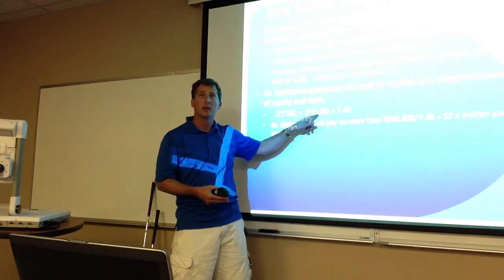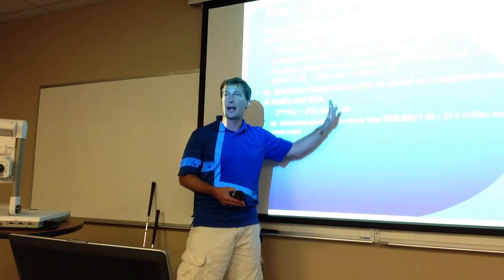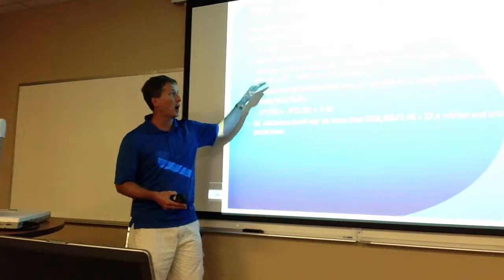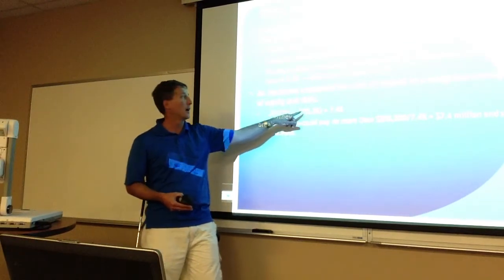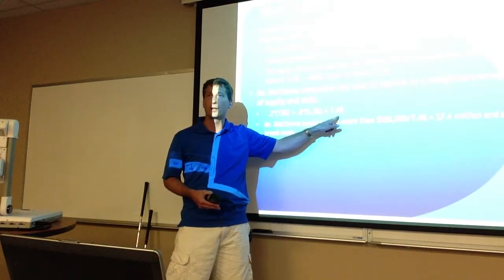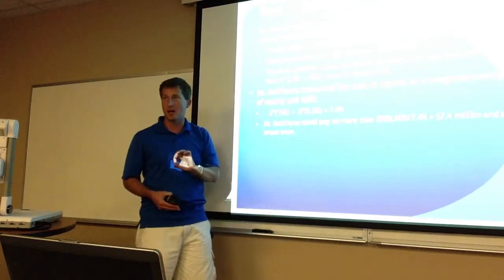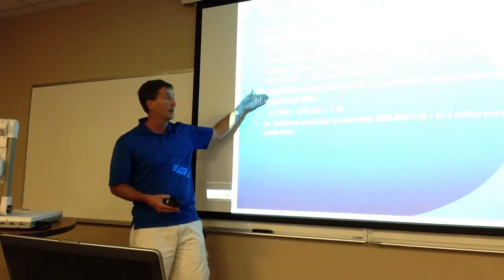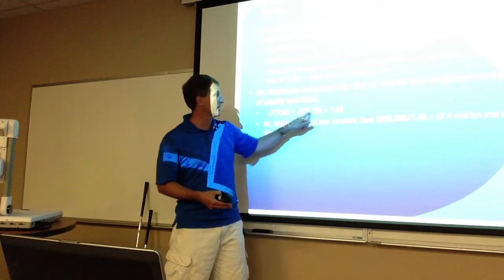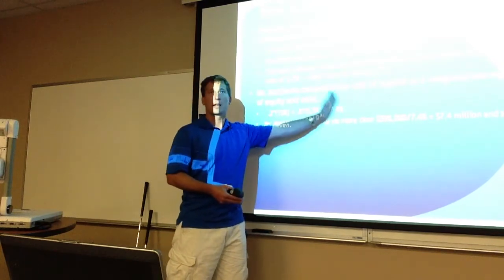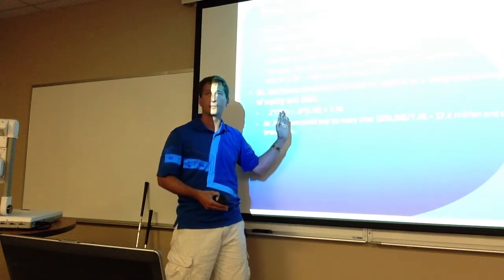We add those two numbers together, that averages out to be an effective cost of capital of 7.4%. So we call this the weighted cost of capital, the WACC, because all we've done is we've weighted it by the amounts that were different in the loan process. Okay, any questions on that?